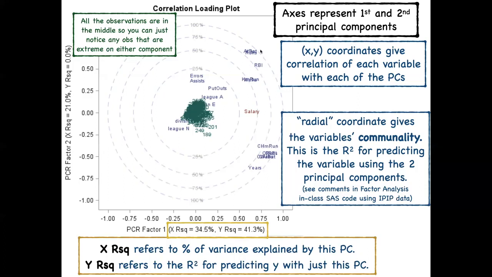The information from at-bats, runs, RBI, career home runs, years, career at-bats, all of these variables that are farther away from the center are well represented on the first 2 principal components. Whereas these defensive variables, errors, assists, putouts, and the league that the individual is in, none of those variables are very well represented on the first 2 components.